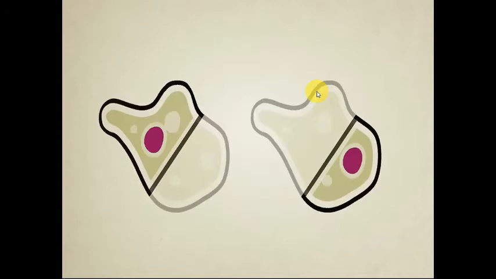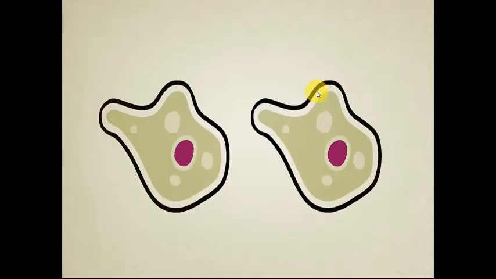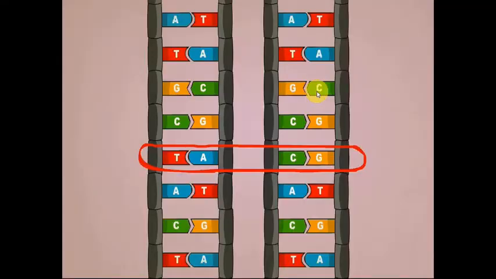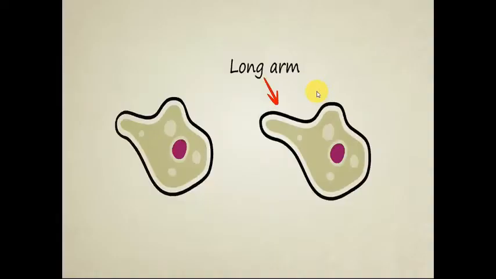But in nature, things do not always work out perfectly. When DNA is being copied, errors occur which might modify the DNA code, called DNA mutation. Like we can see in this diagram, the amoeba has split and has formed a long arm.